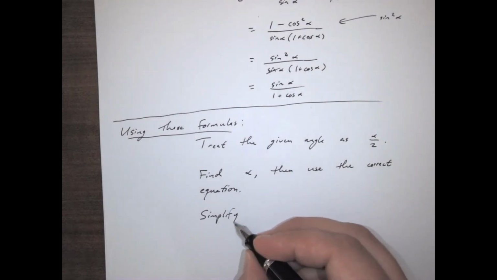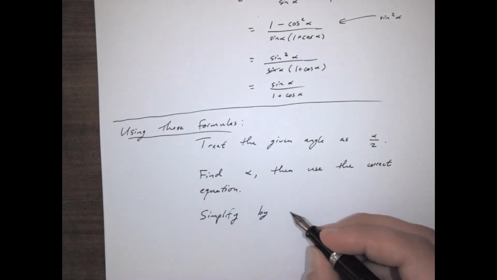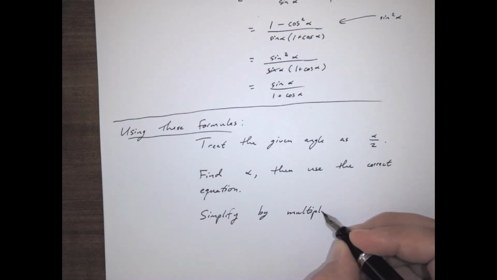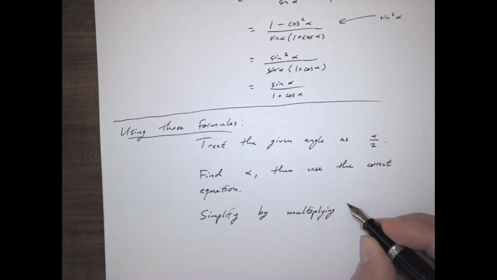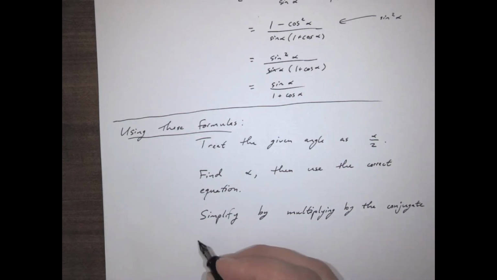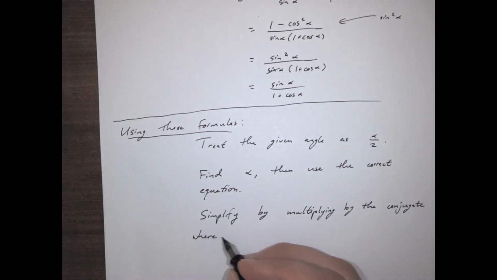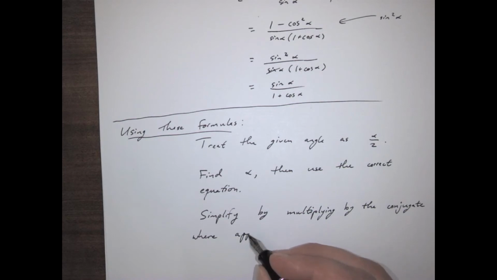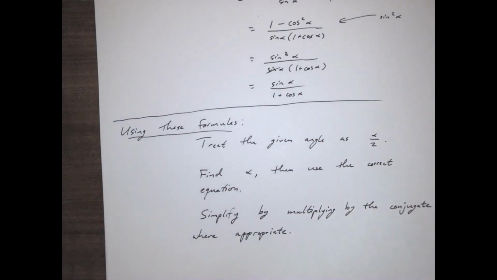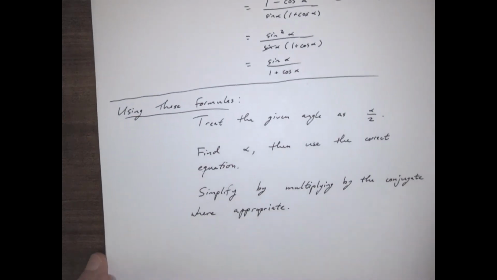Simplify by multiplying by the conjugate where appropriate. All right, let's give this a try.